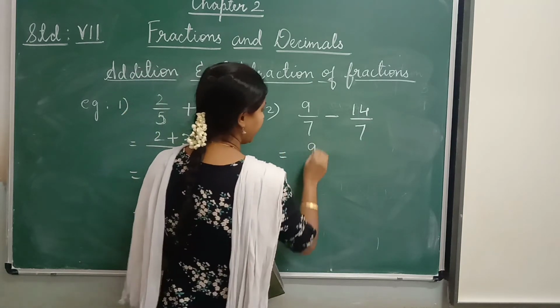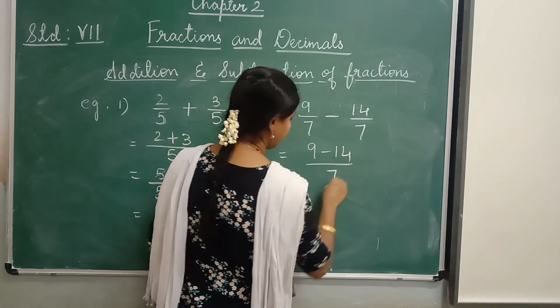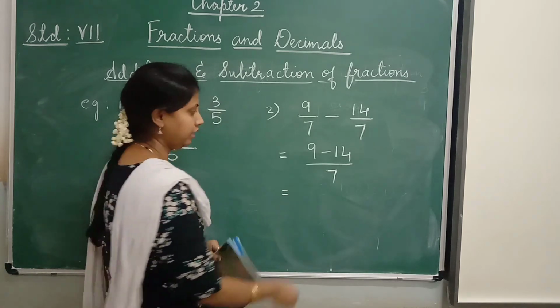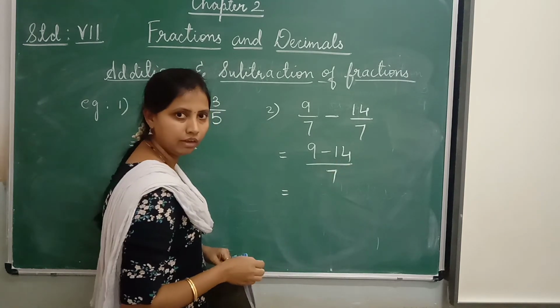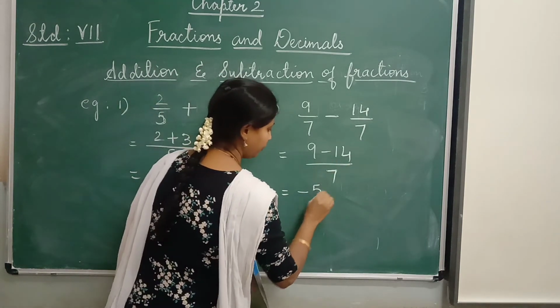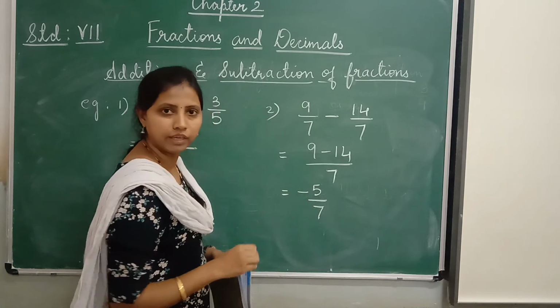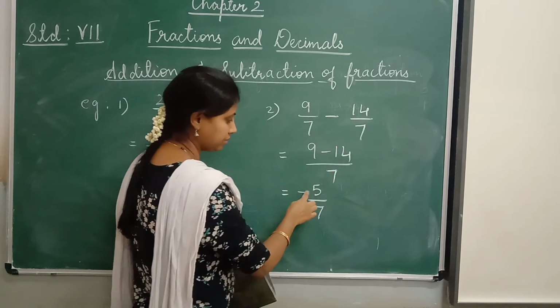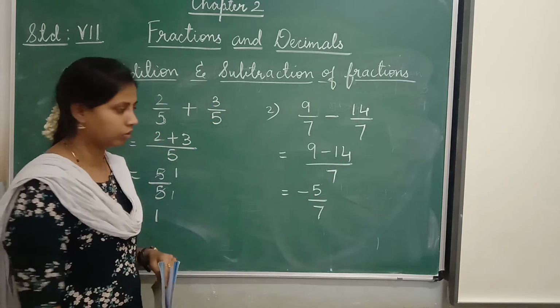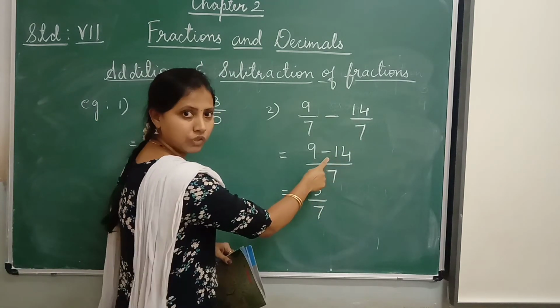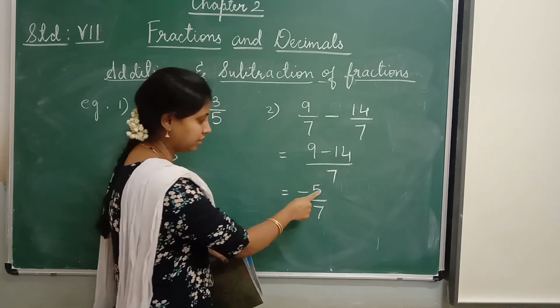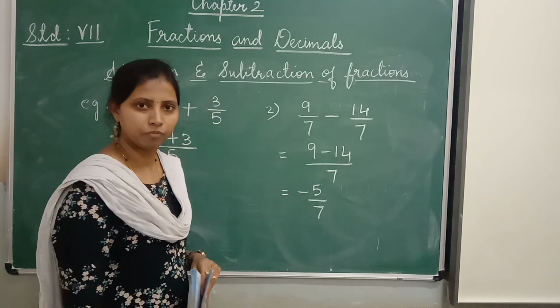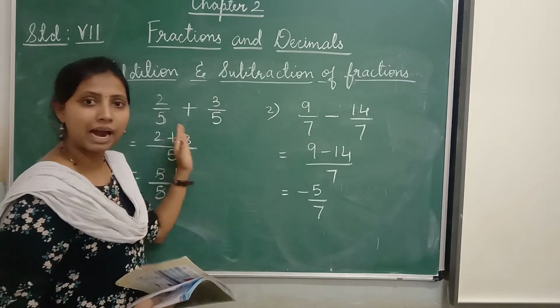So here 9 minus 14 divided by 7. 9 minus 14 will give you minus 5 divided by 7. So the difference between 9 by 7 and 14 by 7 is minus 5 by 7. Because 14 is the greater integer with the minus sign, you have to write minus 5 by 7. Okay children, this is the way you add and subtract.